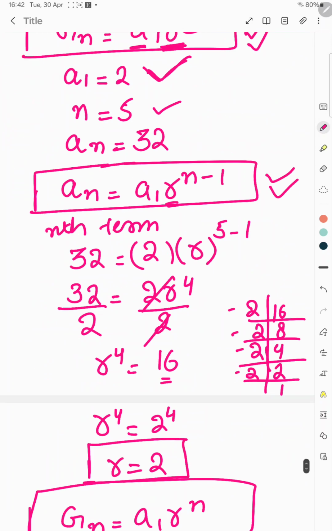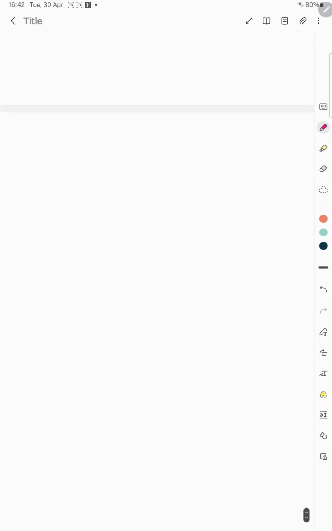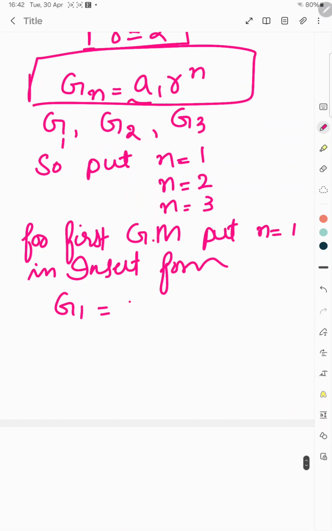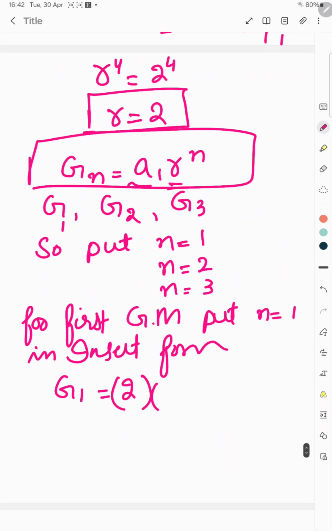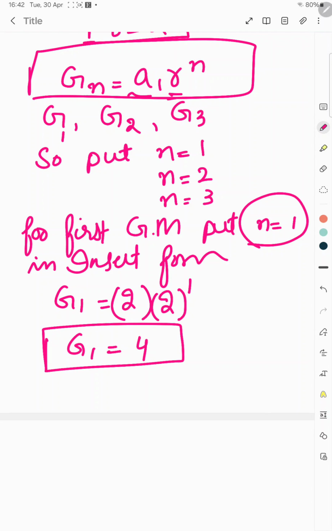As A1 is equal to 2, just write the value of A1 here, which is equal to 2. And what is R? R I recently found is also equal to 2. Just write the value of R. And what is n? As I have put n is equal to 1 here, so it will be 1. So G1 is equal to 4. I have just found the first geometric mean.